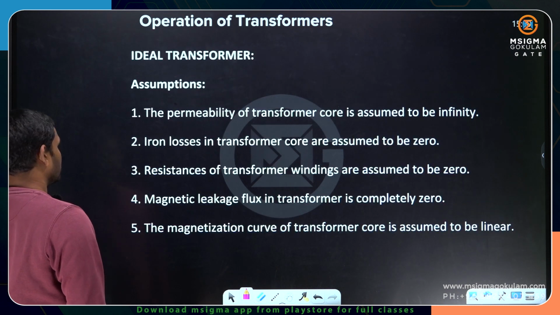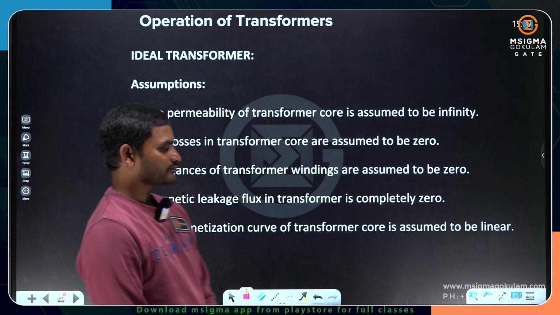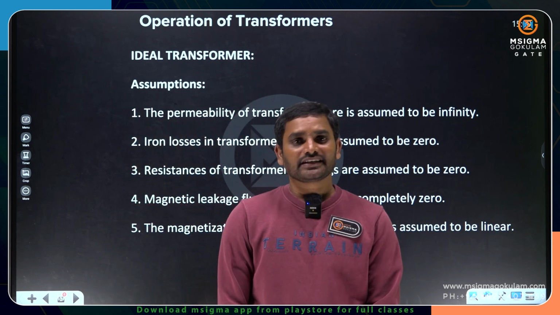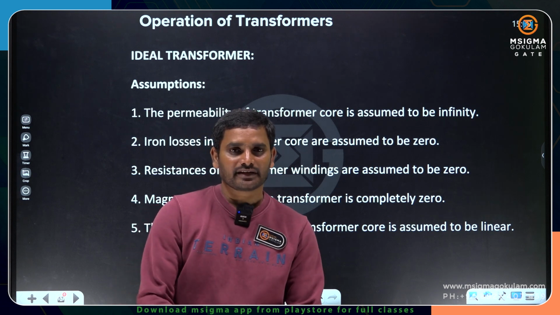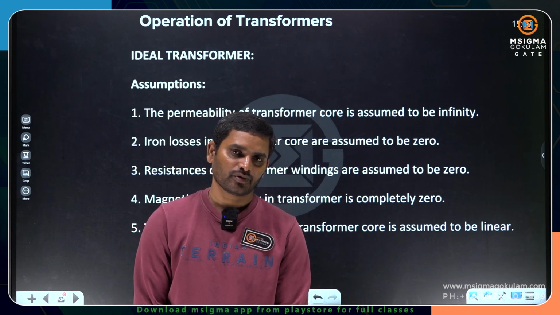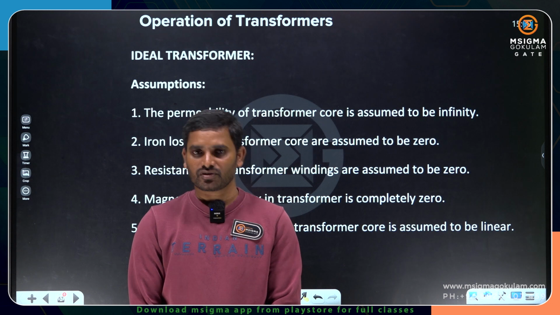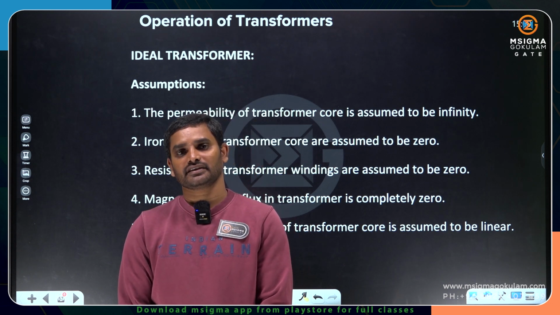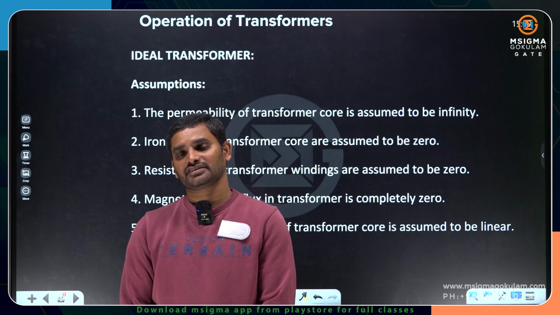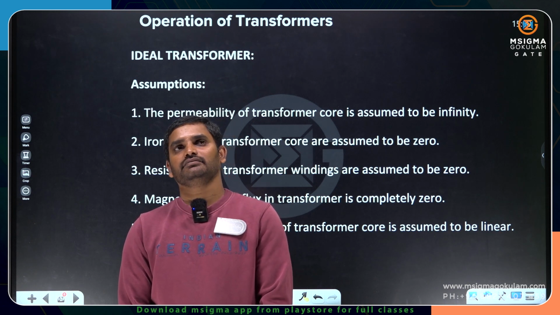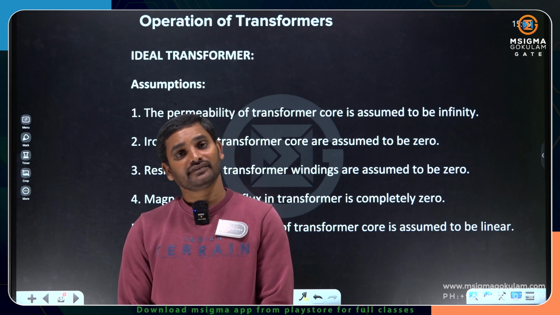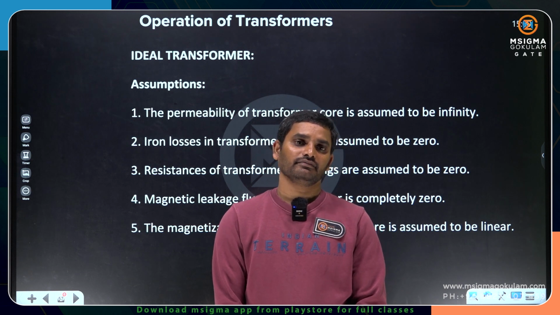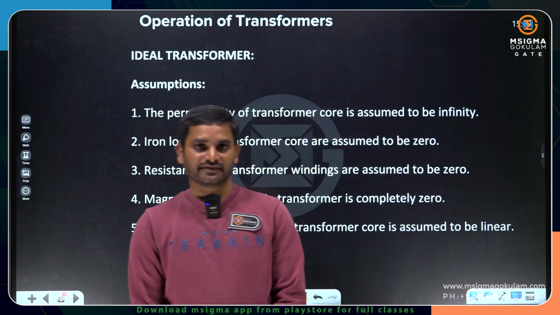Let us move on to the next part, that is the operation of the transformer. Let me recall the things. So far we have discussed core construction, core features, the type and shape of the magnetic path, and factors like iron factor and utilization factor. Then we discussed windings also, how to place the windings, interleaved winding or sandwiched winding.